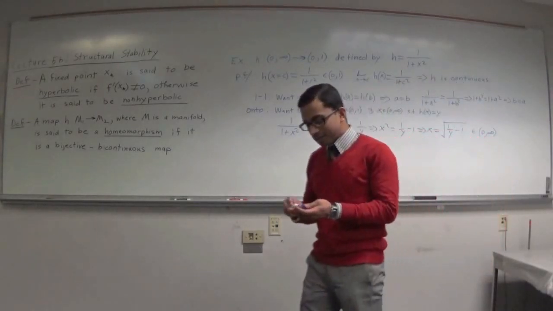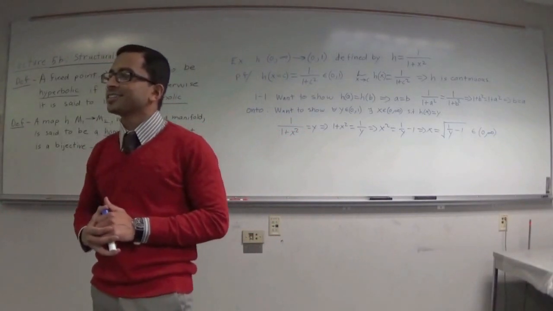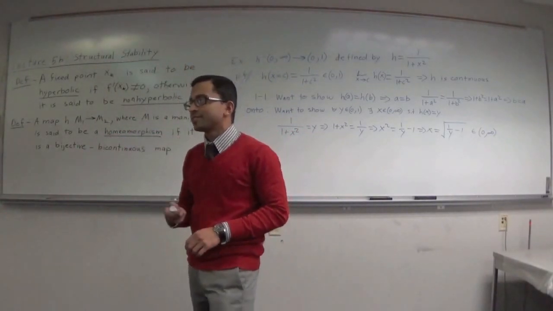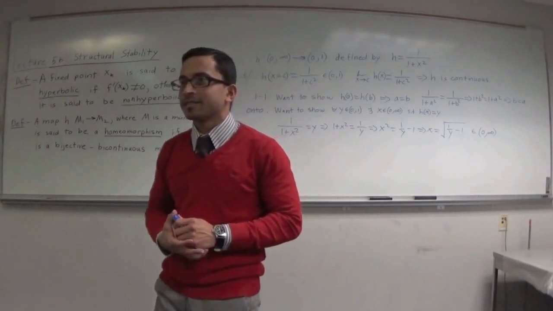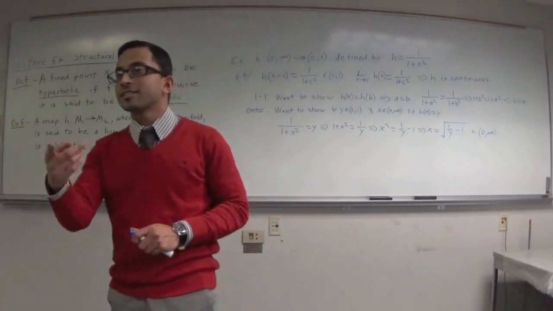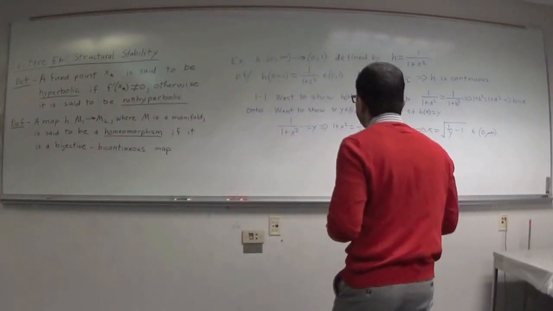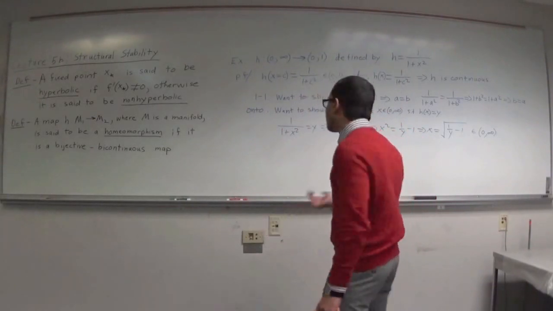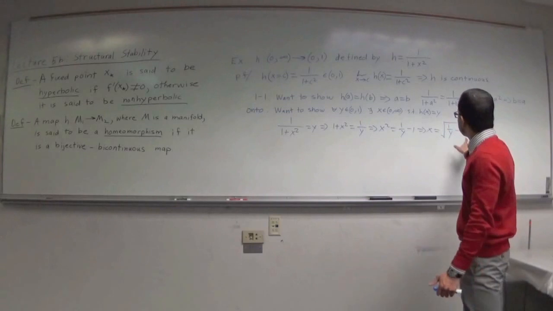Now there's only one other thing that we have to show, but we kind of showed it already. So what else do we have to show? Actually, we didn't show it, but we'll leave it up to the reader: continuity of the inverse function. We want to show that it has an inverse. Well, we kind of showed it with this, right?